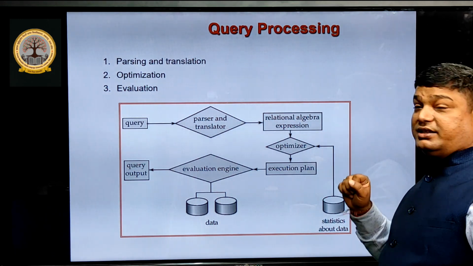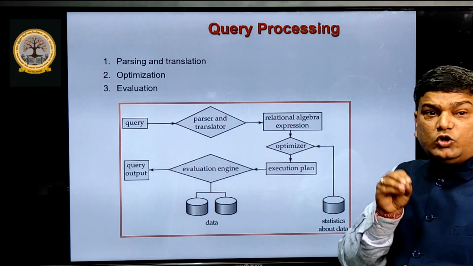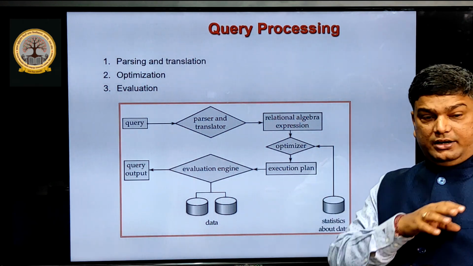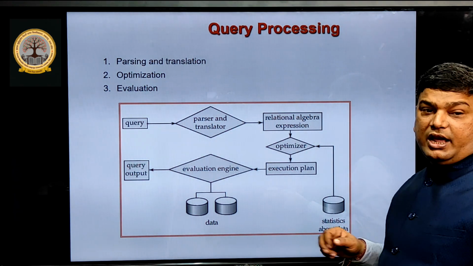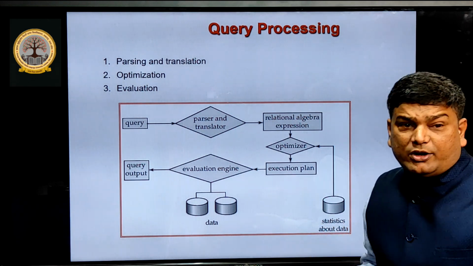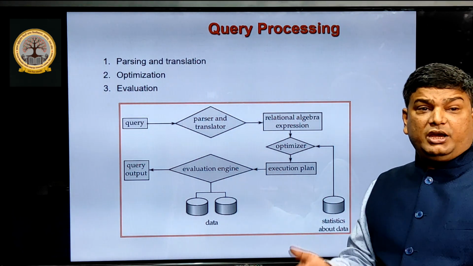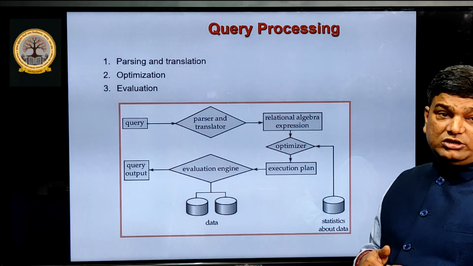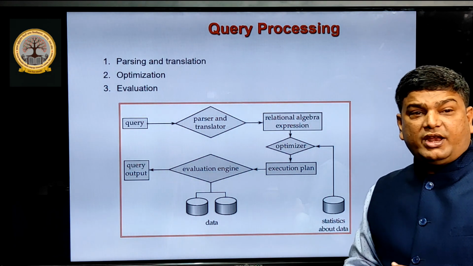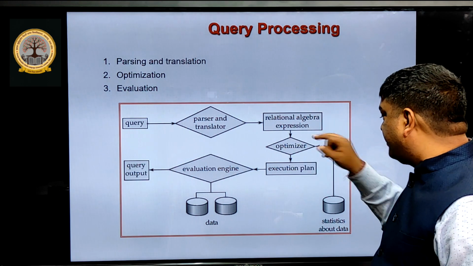Next is the optimizer, which reduces the size of the data, and statistics about data are stored. If required, you use sum, average, mean, median, mode, coefficient of correlation and variance. All of these come under the optimizer.